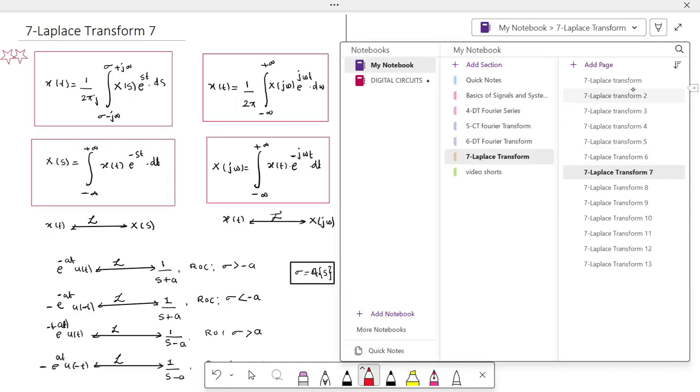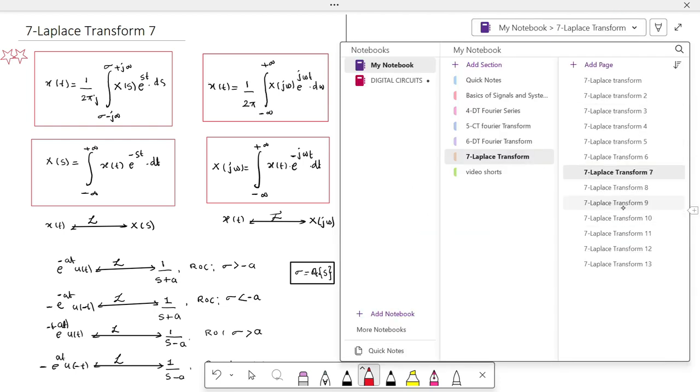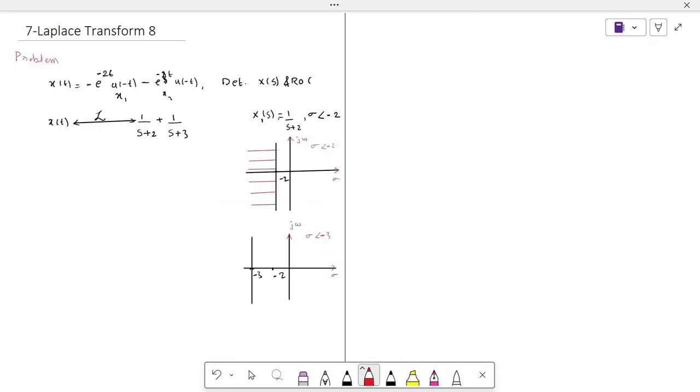In the previous case, sigma minus 2, this is common.